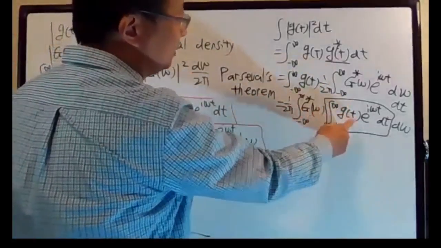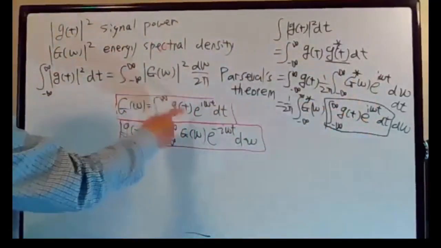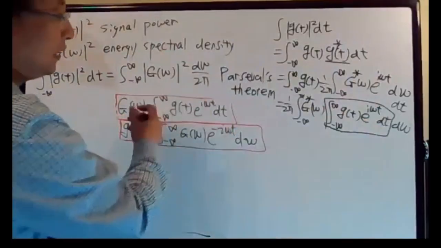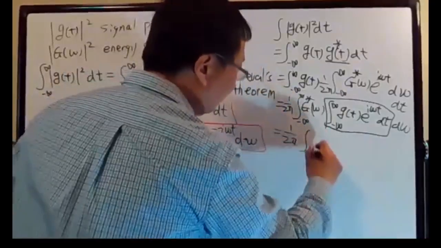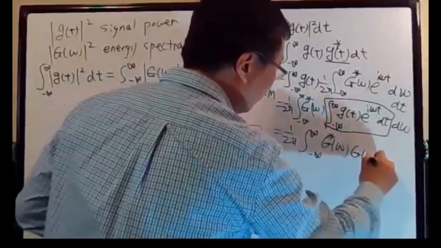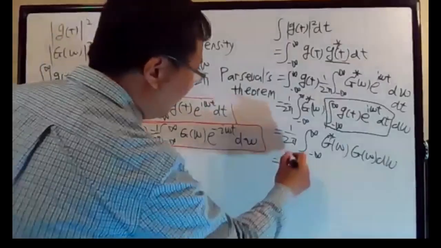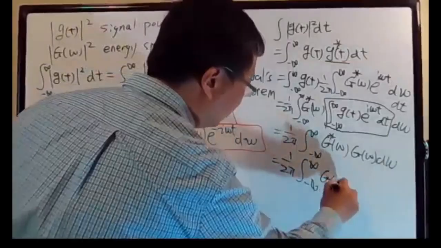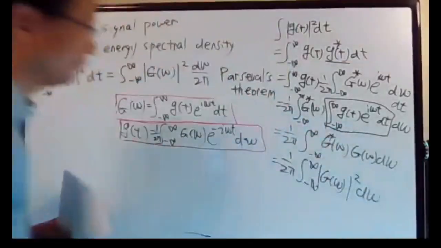Here is the little g(t) exponential i omega t dt, and this will be capital G(omega). So it's 1 over 2 pi, integral from negative infinity to infinity, G(omega) conjugate times G(omega) d omega. So then it's 1 over 2 pi, integral of the absolute value squared of G(omega) d omega.